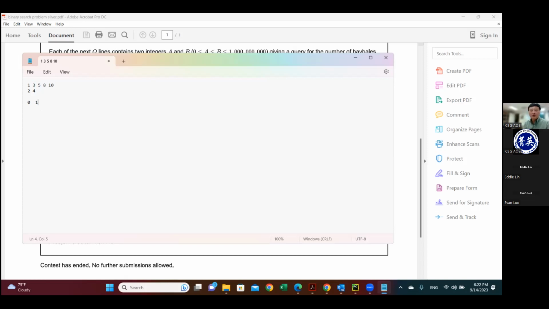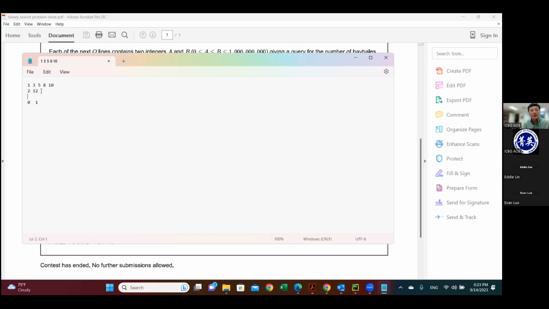Then what you need to do is just use this value minus that value. That is exactly how many in between. Does it make sense? Let me make this, let's say, 12.